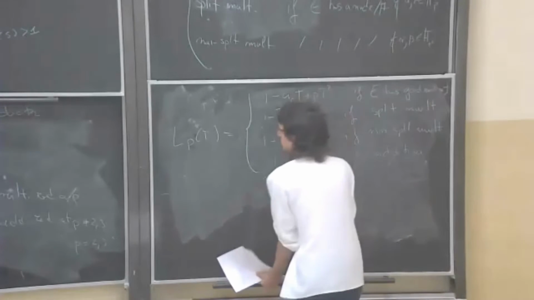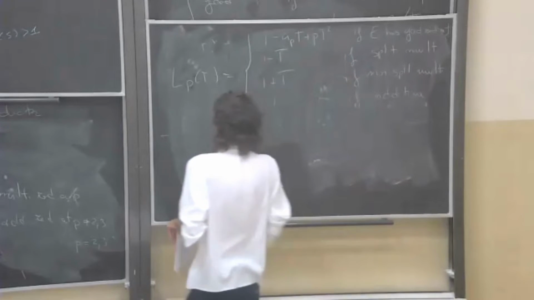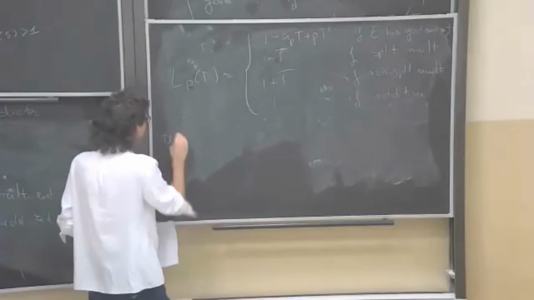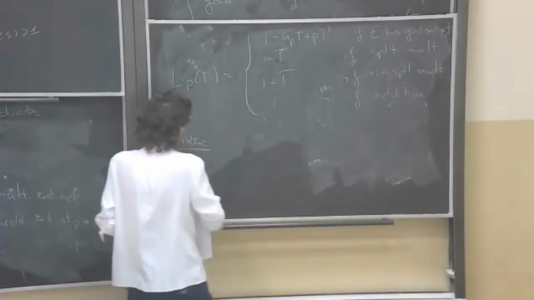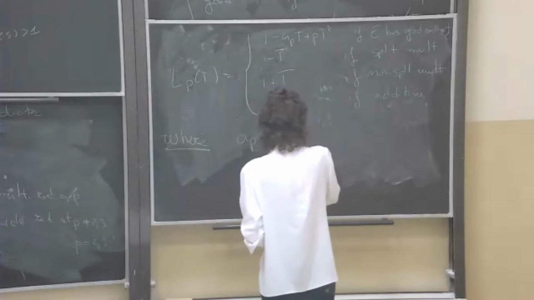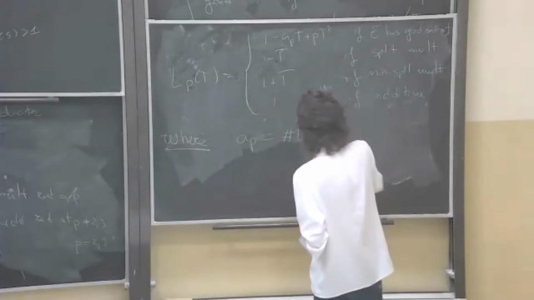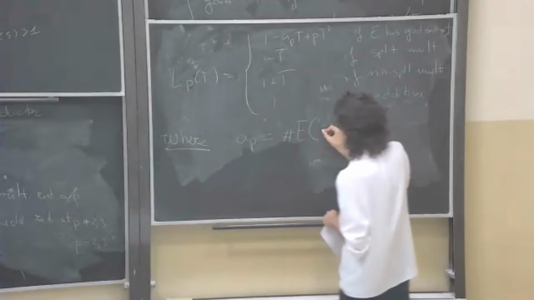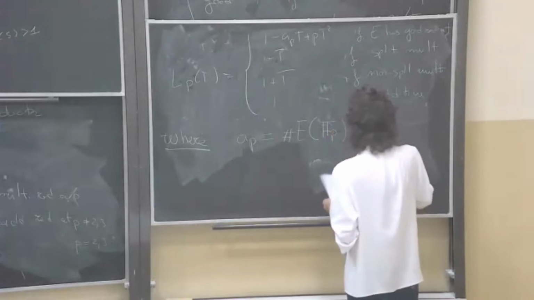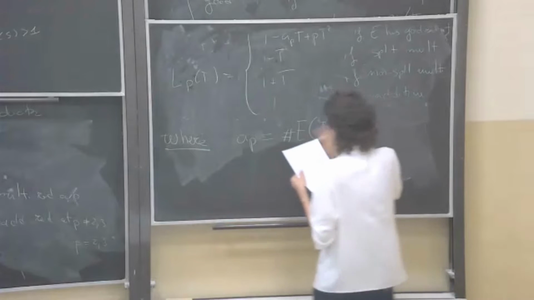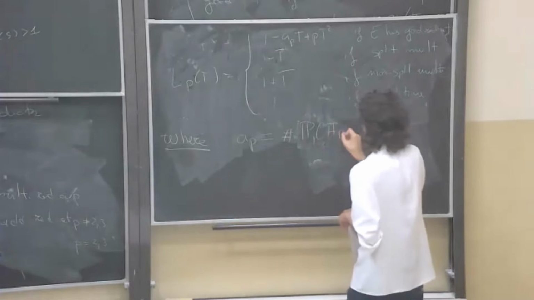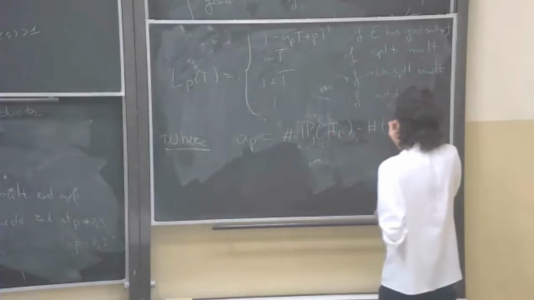And then we are ready to define AP, where AP is the quantity: the number of points of the projective curve E over Fp minus, the other way around, the number of points of P1 over Fp minus the number of points of E over Fp.